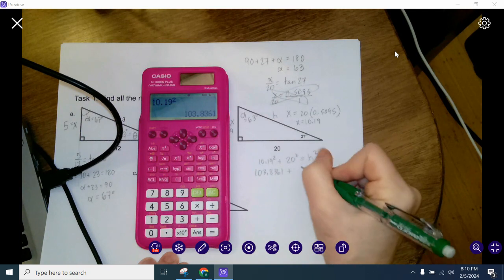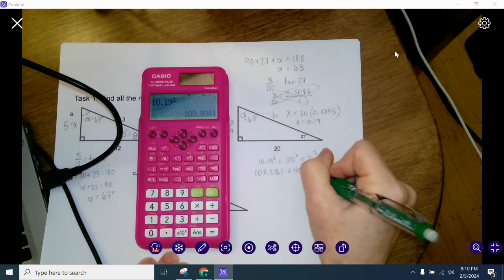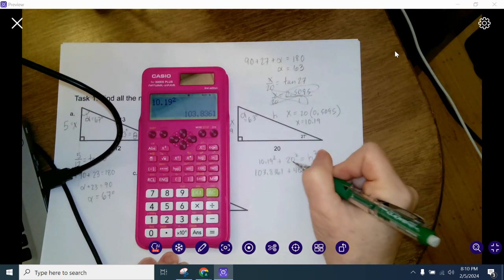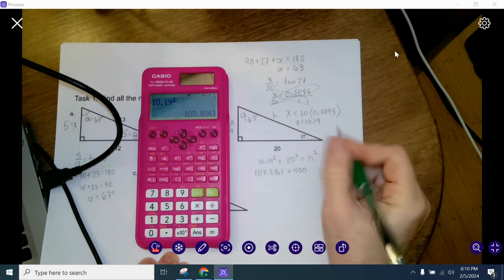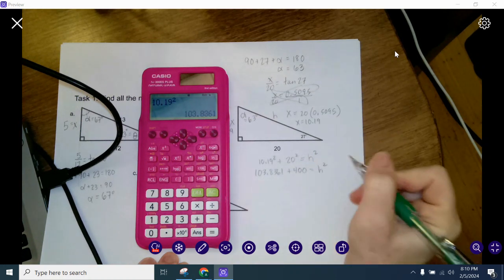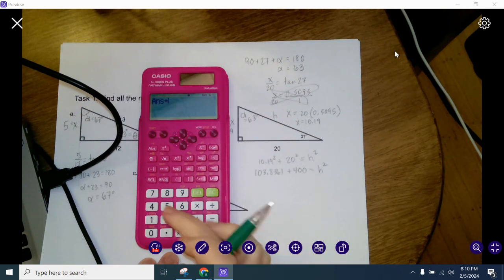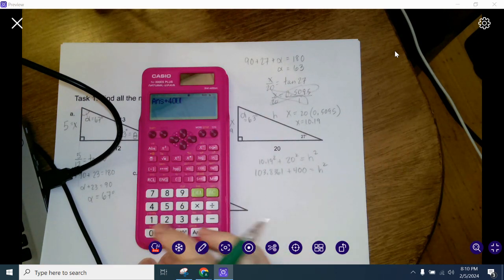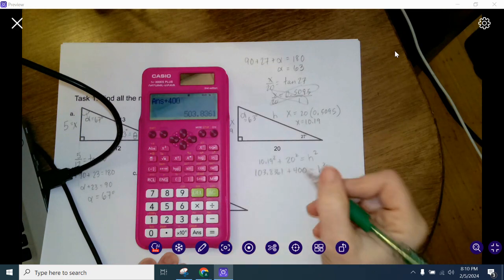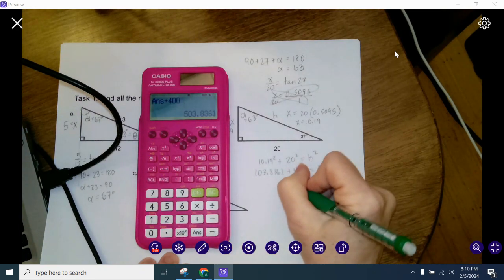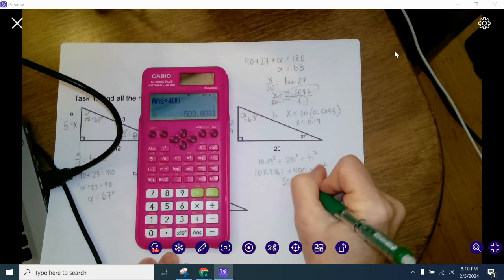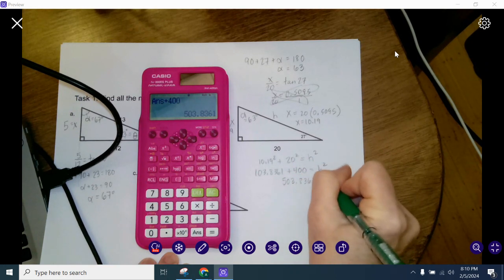And then 20 squared is 400, because 2 times 2 is 4, and I've got to have 2 zeros. There's h squared. I can add those together. I still had it in my calculator, so I'm just going to hit the plus sign and then add 400. So I get 503.8361 is equal to h squared.